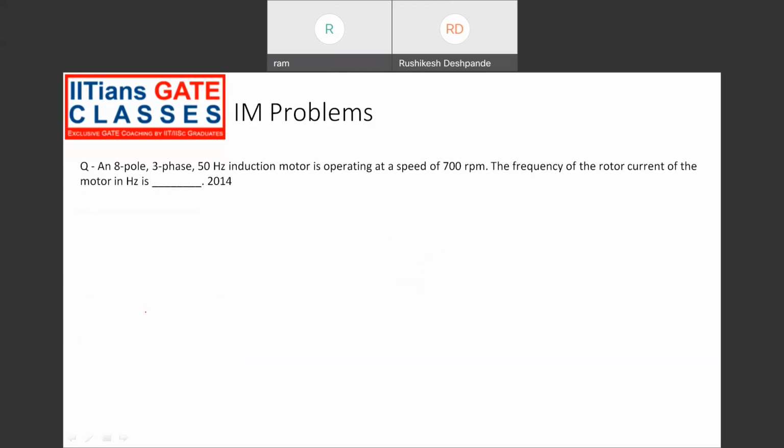The frequency of the rotor current of the motor in Hz is. I have been given number of poles equal to 8, frequency equal to 50 Hz. The induction motor is operating at a speed of 700 RPM. They're asking us the frequency.